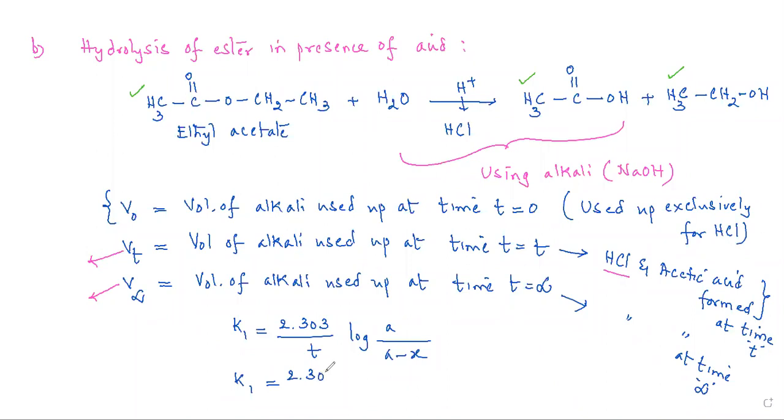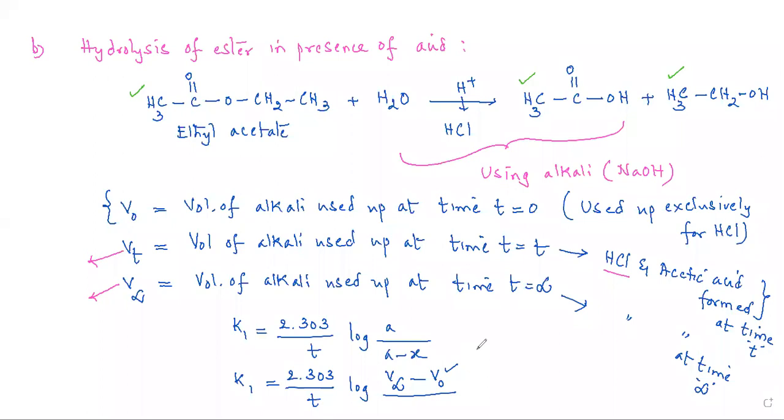K1 is equal to 2.303 by t log A. What is A? Let us take V infinite minus, of course, V naught, because this V0 is the volume of alkali used up exclusively for HCl.